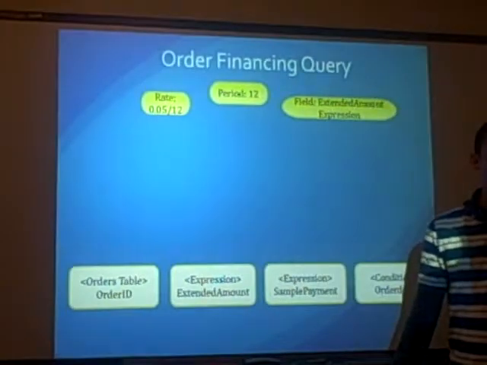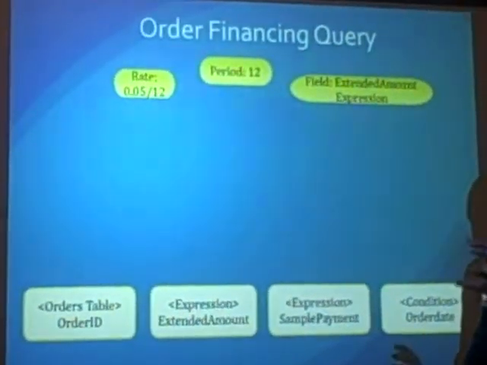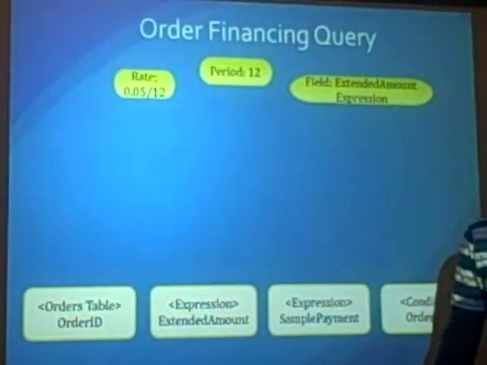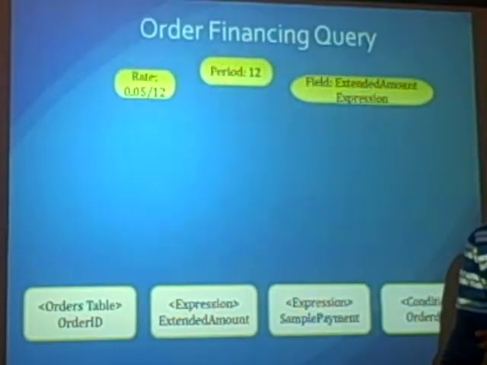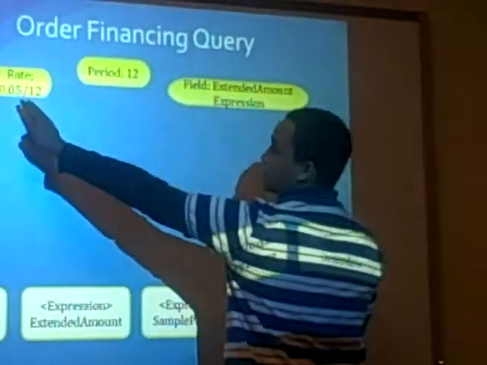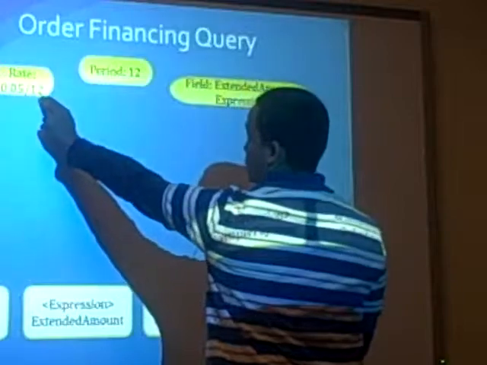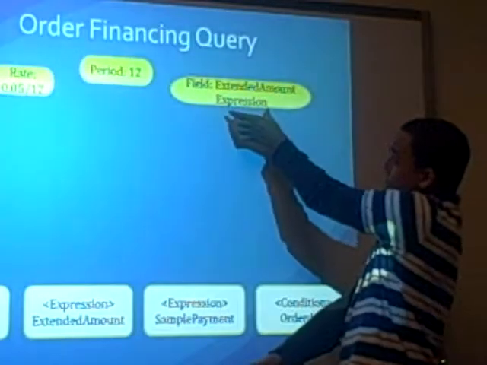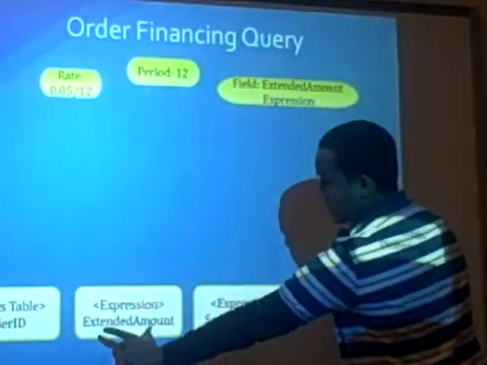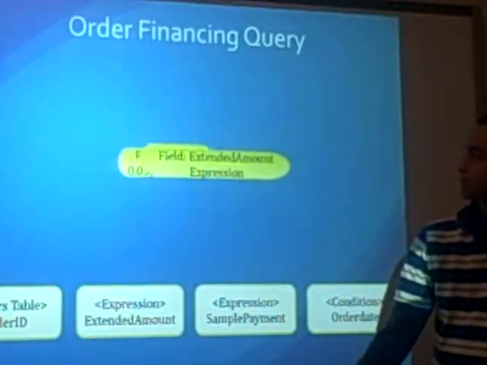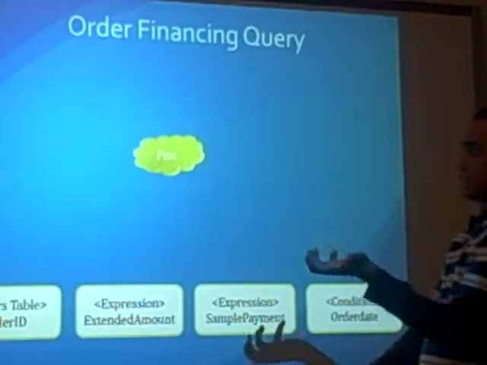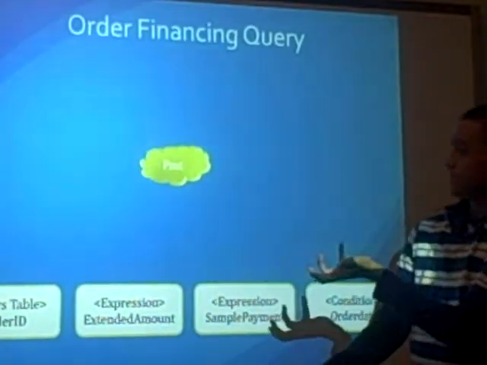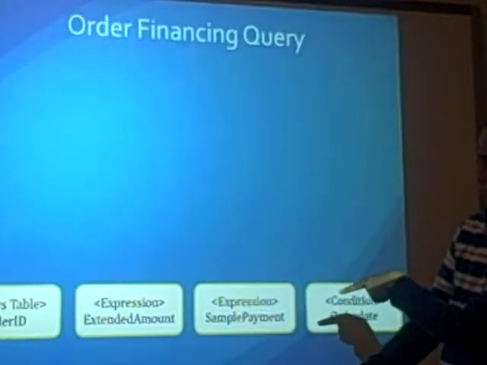We use a PMT function, which calculates all the payments that the customer is going to make under a certain interest and period, taking a base value from the extended amount, which is here. We created the function, and that goes to sample payment.